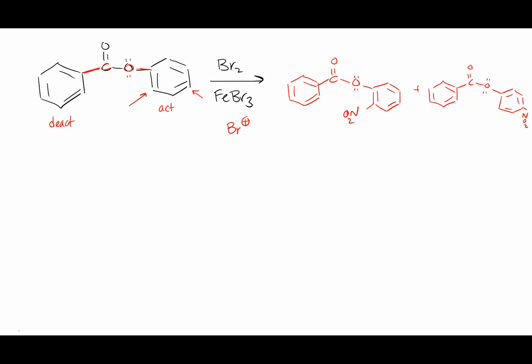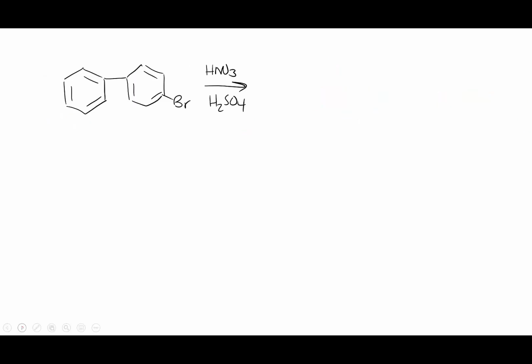Okay, so let's go on to a third problem here. The third problem is, what will be the major product or products of this reaction? So I'm going to add another NO2+ group to the ring. Which ring am I going to add to, left or right?